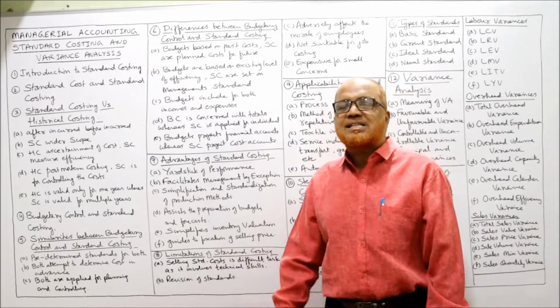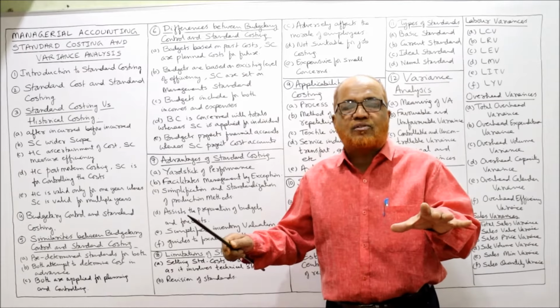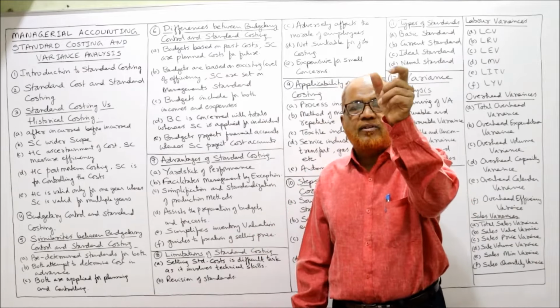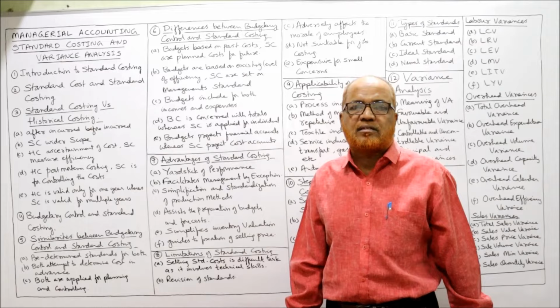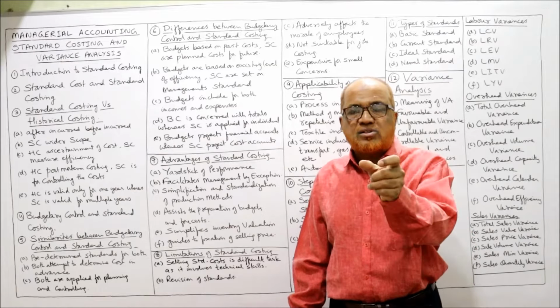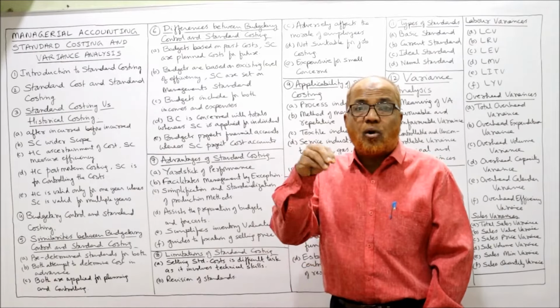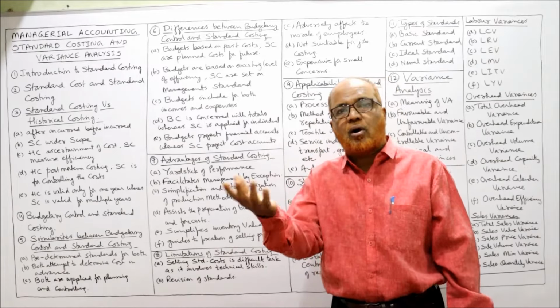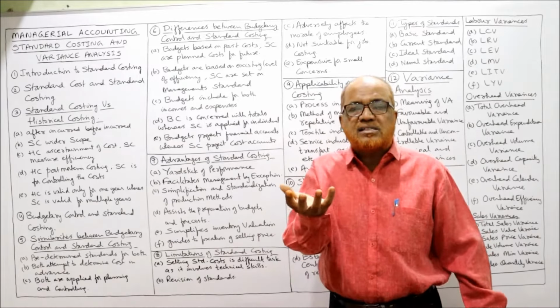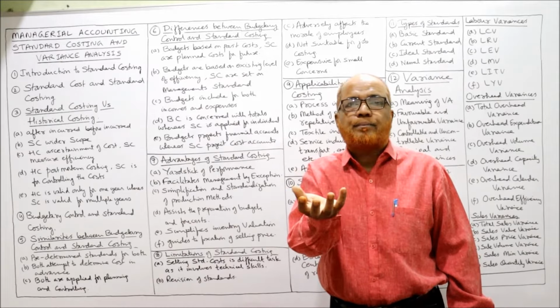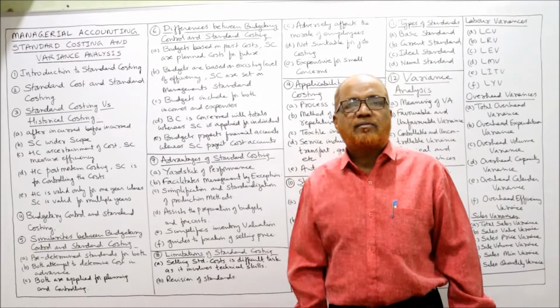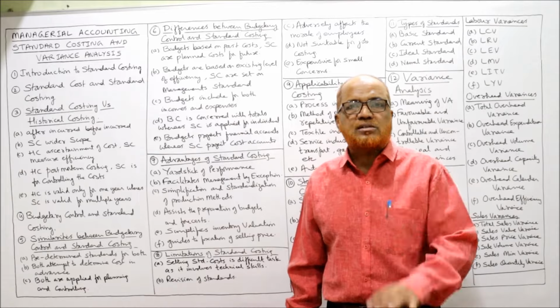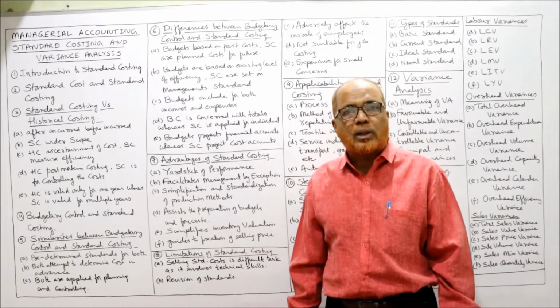So by using this standard costing and analysis of variance, we can get which are the variances, adverse variance. By seeing the adverse variance, the management will focus on why this variance is adverse. Is it controllable or uncontrollable? If the variance is occurring due to controllable part, then the management will take some necessary precautions, measures to control that.